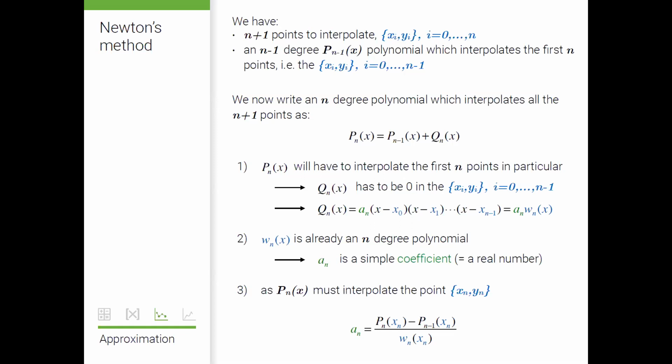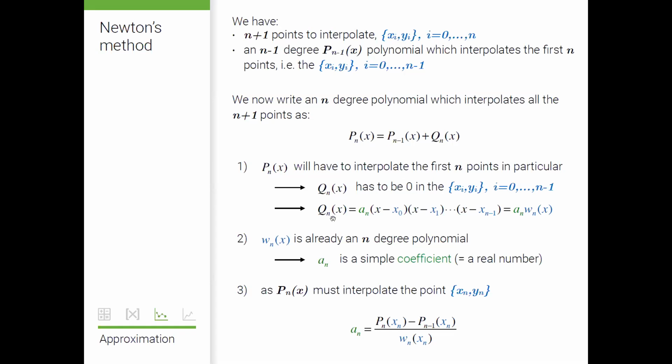And now, what can we do here? We can define this an with Pn and Pn-1. However, you can see if we replace this Qn with this form, if it is 0, it is clear: Pn of x equals Pn-1.